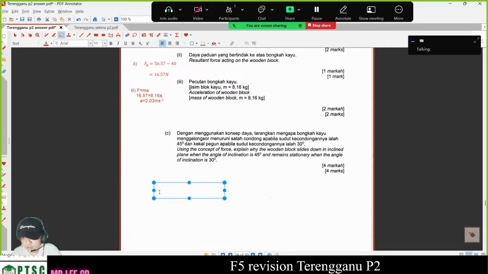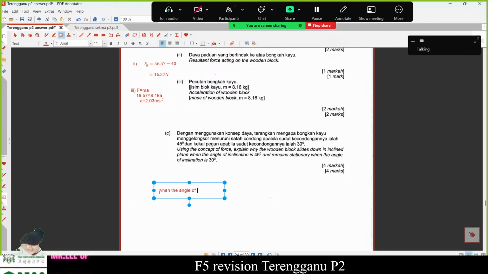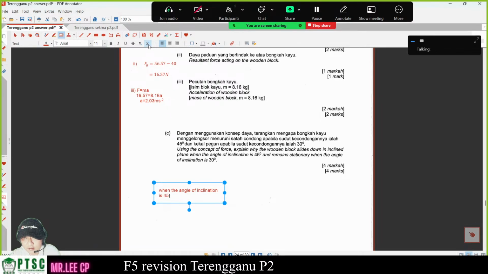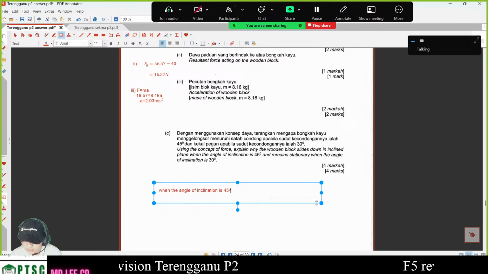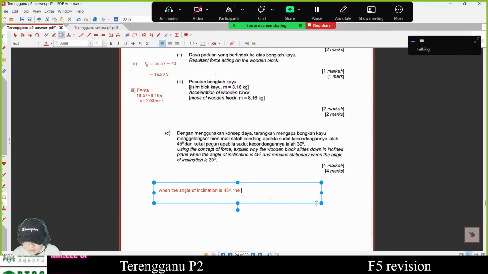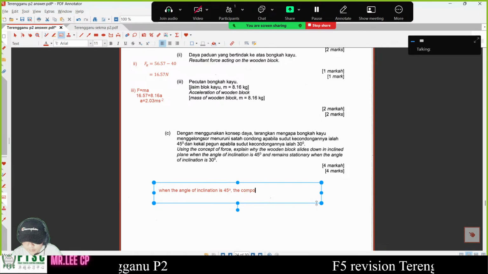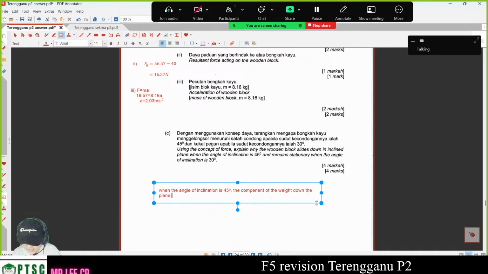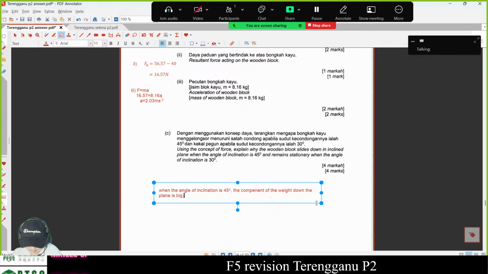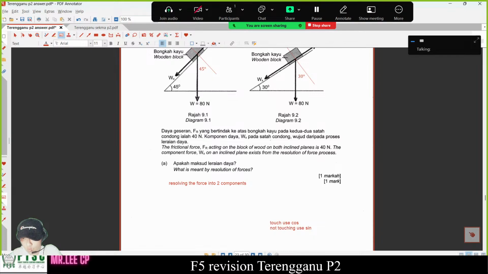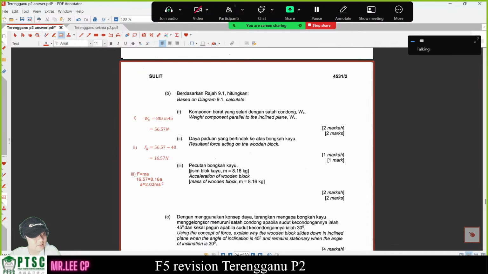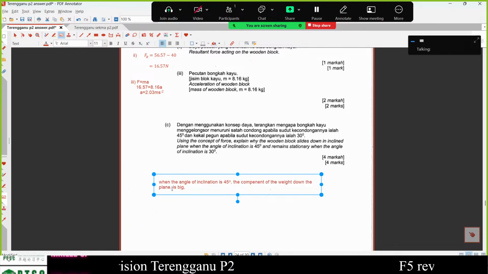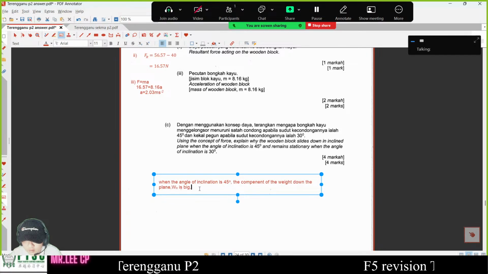So when the angle of inclination is 45 degrees, the component of the weight down the plane, Wx, is big. Wx is big.